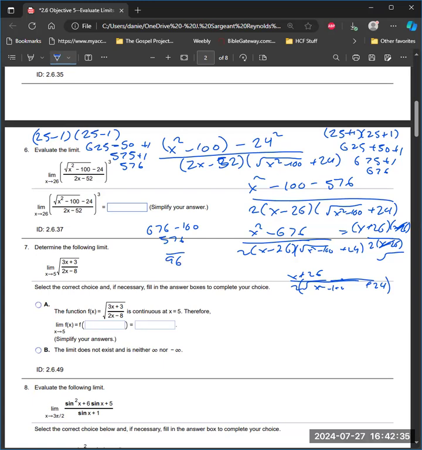96. And then this is 52. This is 2 times 26 over 2 times 2 times 24. This is 13 over 24.